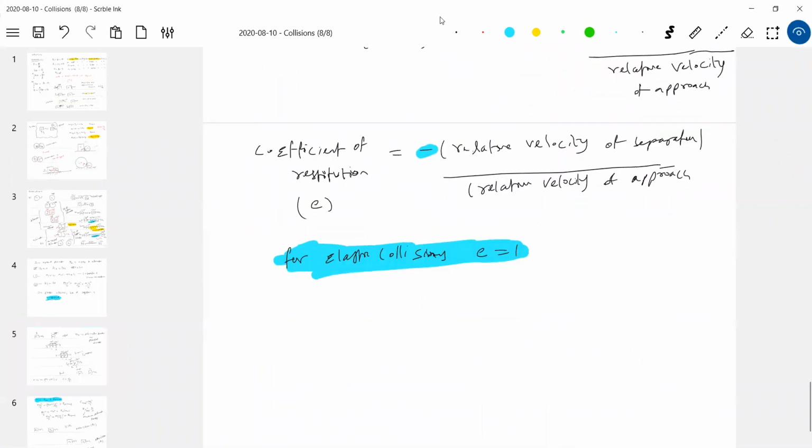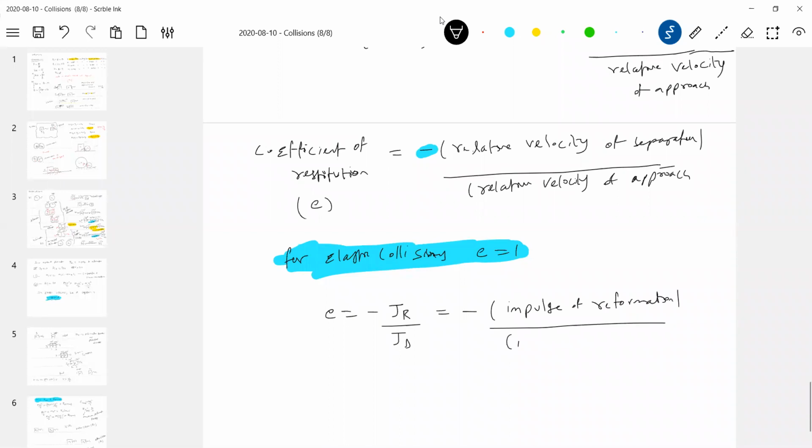So it is minus JR by JD, the ratio of impulse of reformation to impulse of deformation. I'll leave it to the student. If you are interested, you can put in the effort today and show that it is a ratio of impulse of reformation to impulse of deformation.